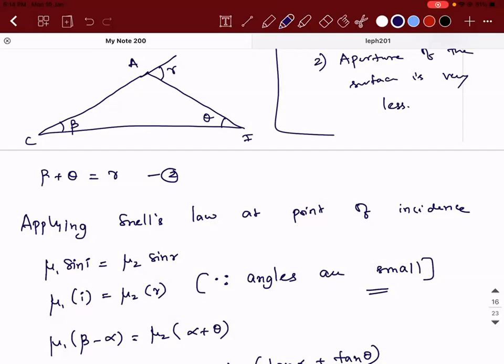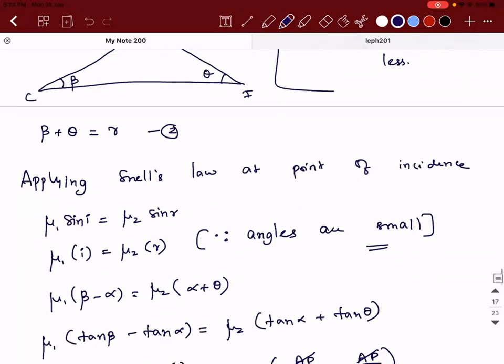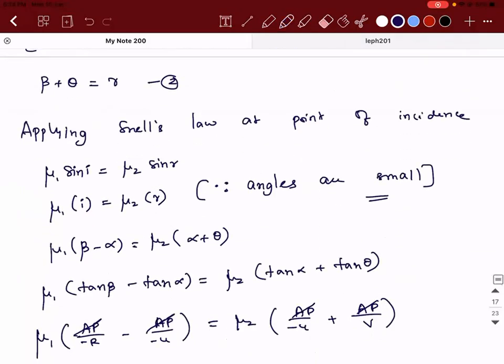So beta plus theta will be equal to R. So in the place of R, I can write beta plus theta.